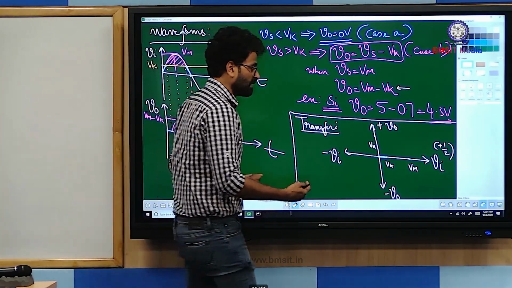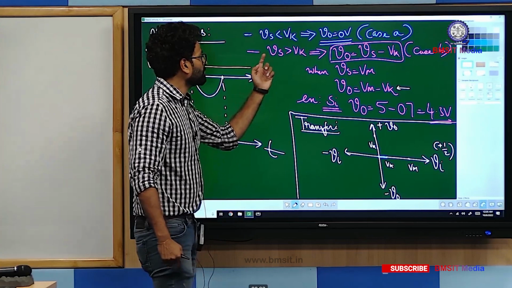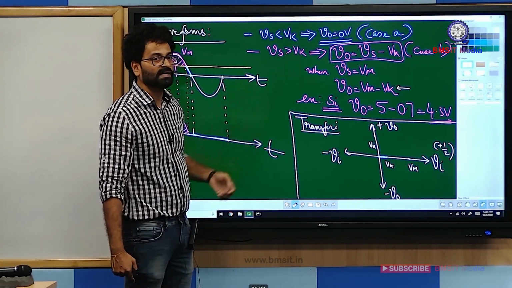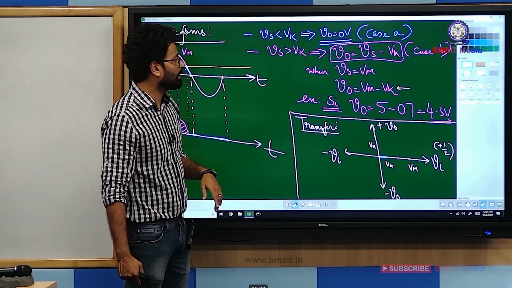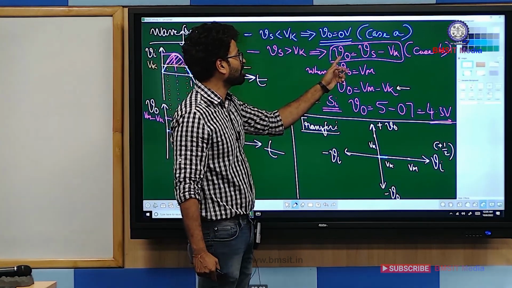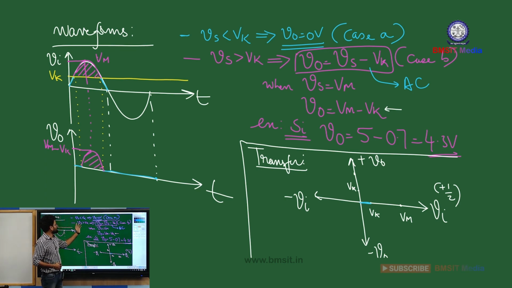So how do you represent 0 volt level? A line parallel to the x-axis. Once your input starts to exceed the Vk level, that is, whenever Vs is greater than Vk, you will get V naught is equal to Vs minus Vk. Because Vs is an AC signal, whenever Vs is greater than Vk, your output is going to be an AC signal.